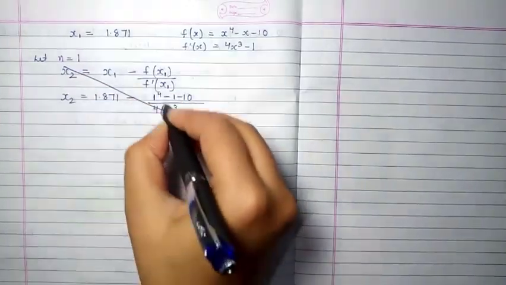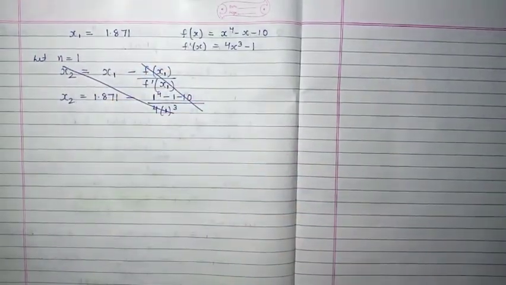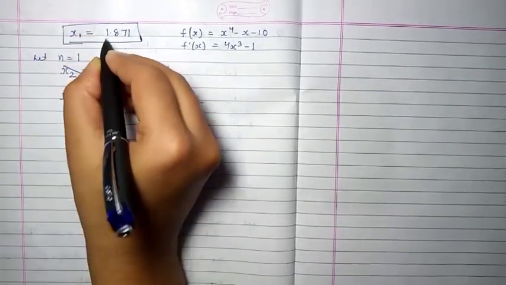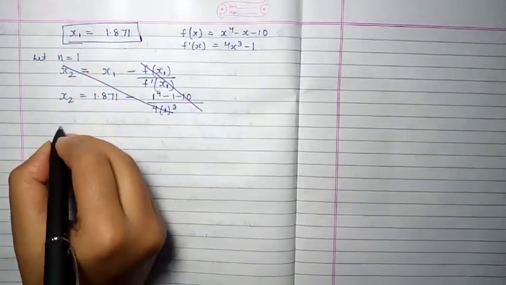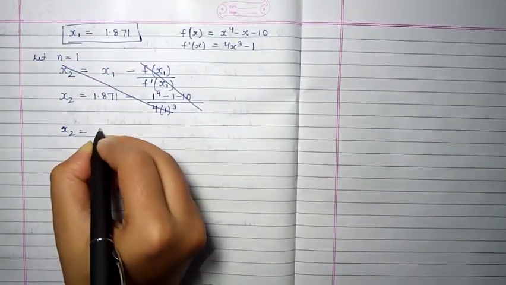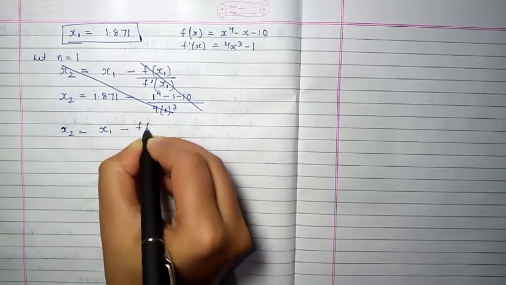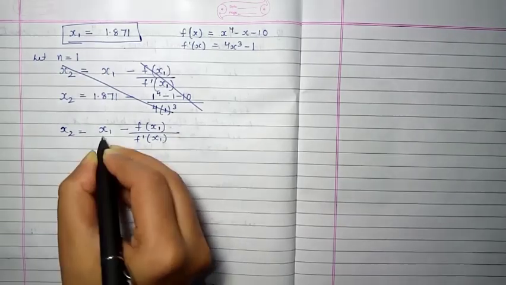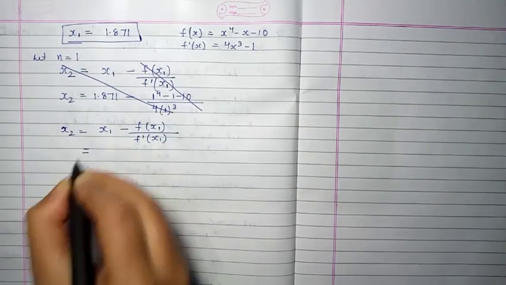Okay, it is wrong, as we have made some mistake. Here the value of x1 is this, so we will substitute 1.871. So x2 becomes x1 minus f(x1) divided by f dash x1, and you know the value of x1, so we can substitute the value of x1.